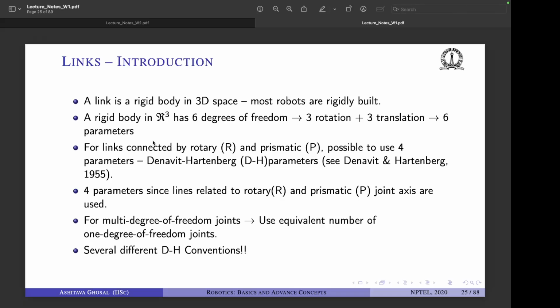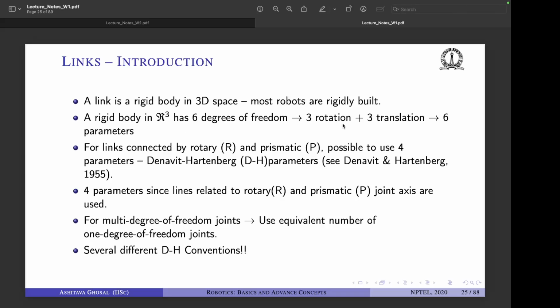Yeah, so what's a link? As we saw, links are rigid bodies in three-dimensional space in the most general context. What we discussed right now was a 2D space, right? So in 2D space they are described by two translations and one rotation, so three parameters, while in 3D space a rigid body has 6 degrees of freedom.